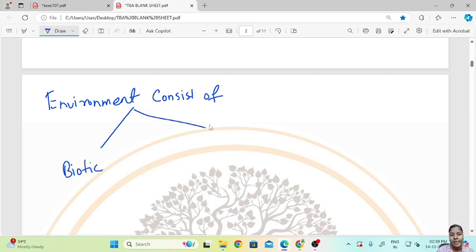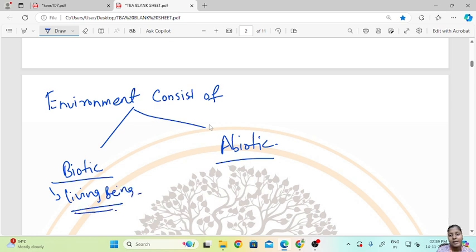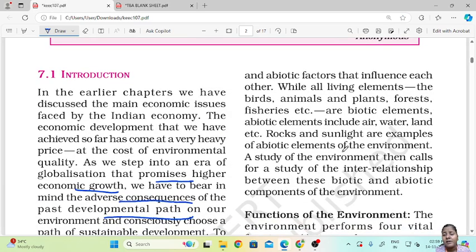Biotic is all the living beings, and abiotic is the non-living, like rocks. Here the examples are given. Biotic elements are all the living elements: birds, plants, animals, forest, fisheries. Abiotic elements include air, water, land, rocks and sunlight.